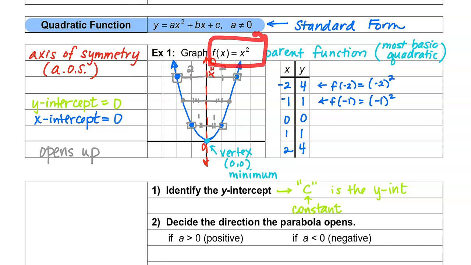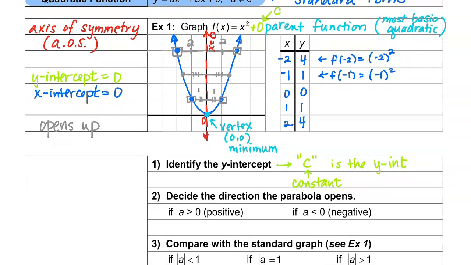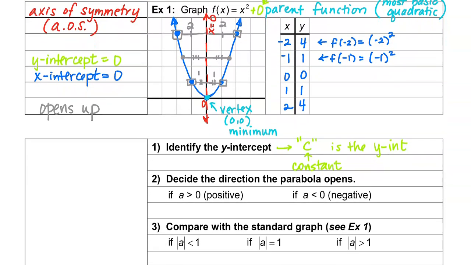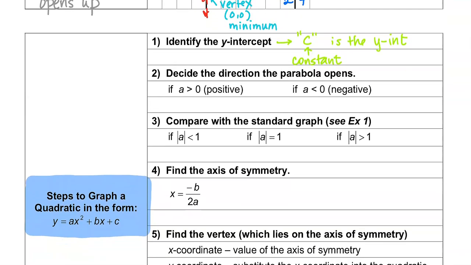I don't see a constant. It's missing, so what is the value of c? So that would be the y-intercept. Okay, can we keep moving? So step 1 is identify the y-intercept.